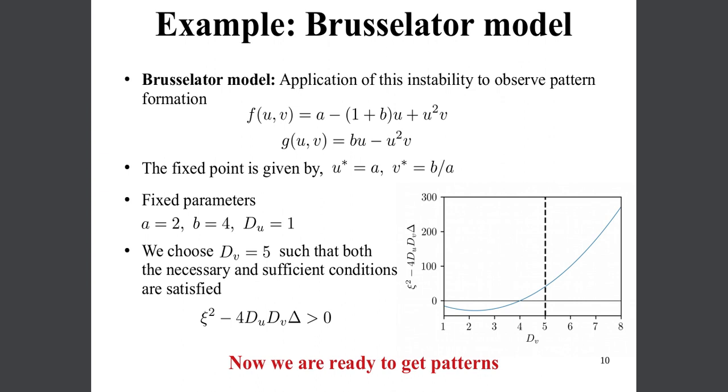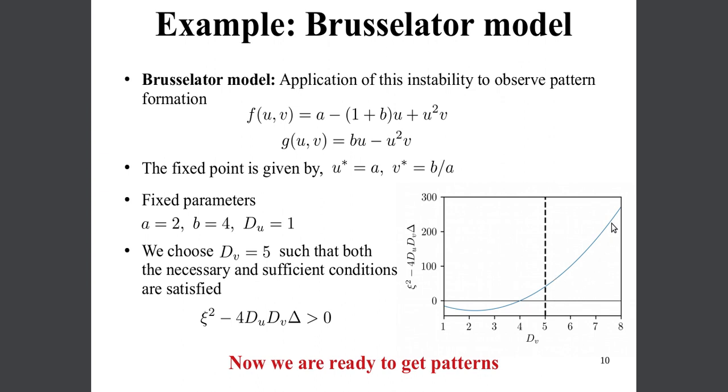This is a necessary condition, and for the sufficient condition we have plotted this discriminant of that k square solution over Dv. So if I change Dv, when will it be positive? I can see that around 4 it is, beyond 4 it is basically positive.